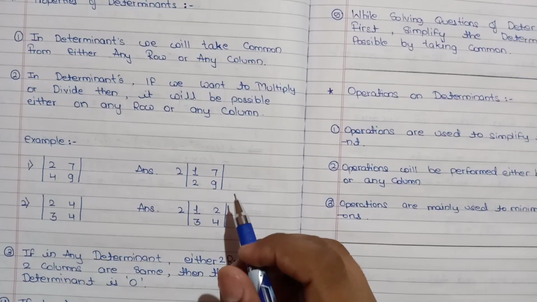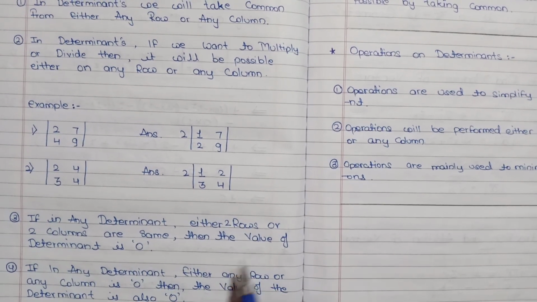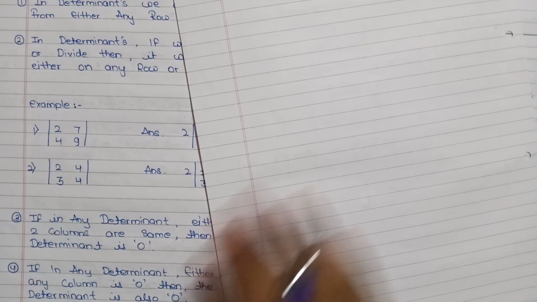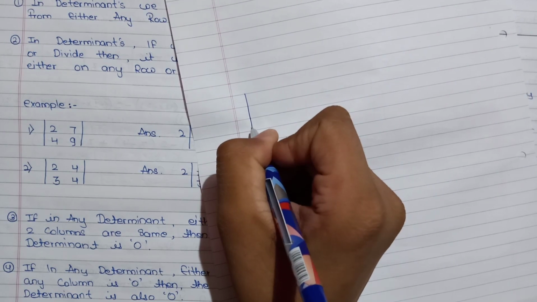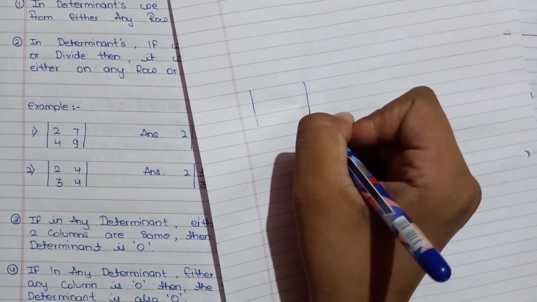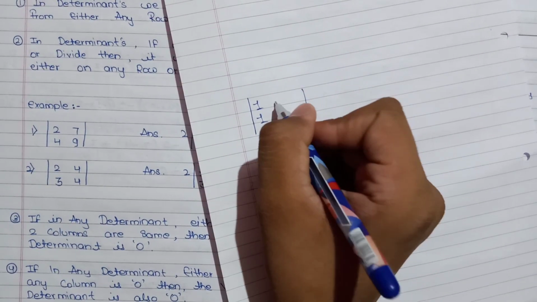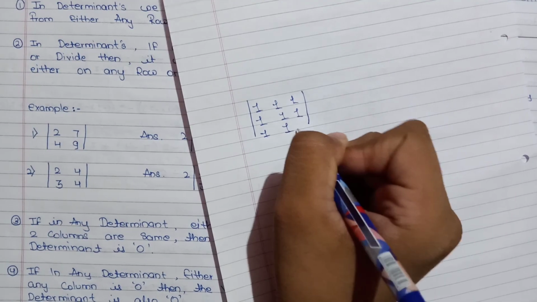Next one is, if in any determinant either two rows or two columns are same, then the value of the determinant is 0. For example, let us take one determinant which is 3 by 3, and all entries are just 1 1 1, 1 1 1, 1 1 1.